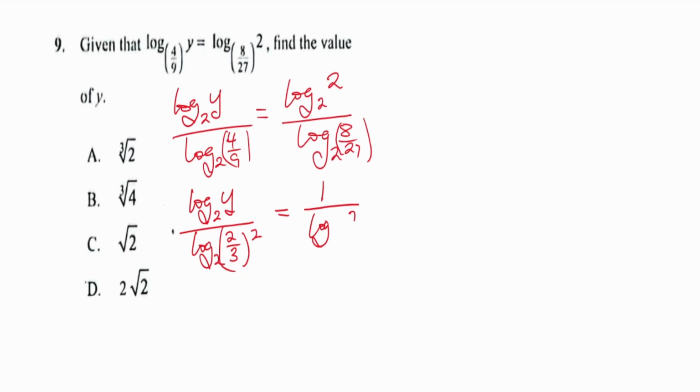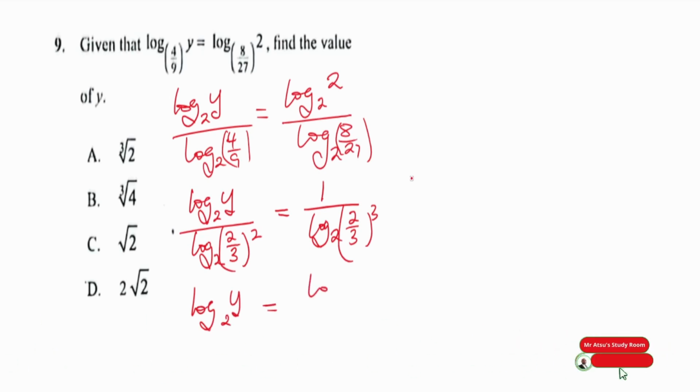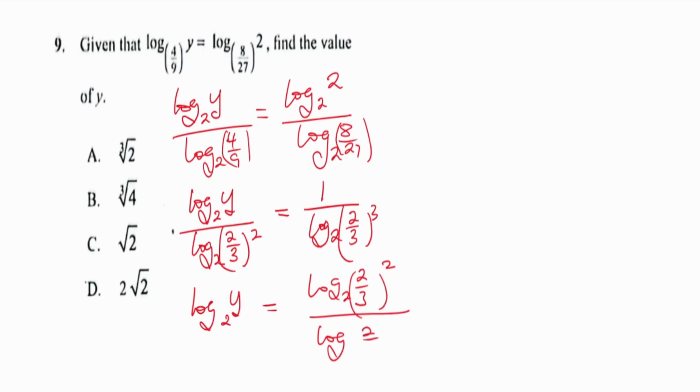So this will also be (2/3) exponent 3 to the base 2. And multiplying both sides by this denominator here, we are going to have log y to the base 2 to be equal to, this now becomes the numerator, log (2/3) squared to the base 2 divided by log (2/3) cubed to the base 2.